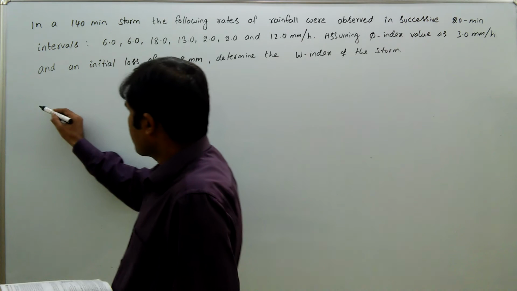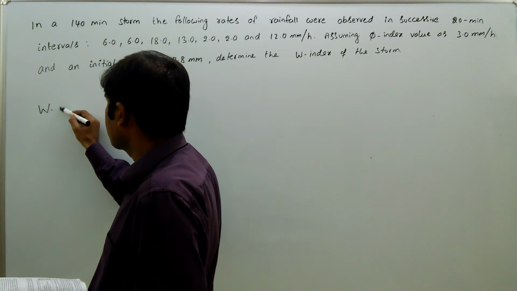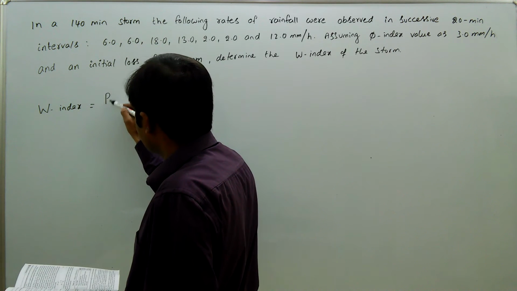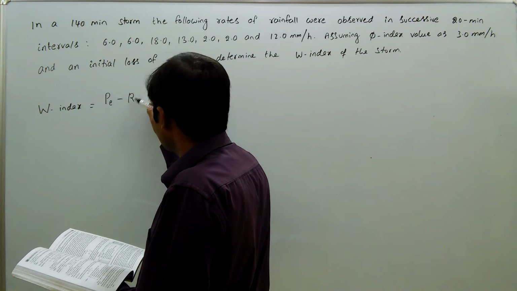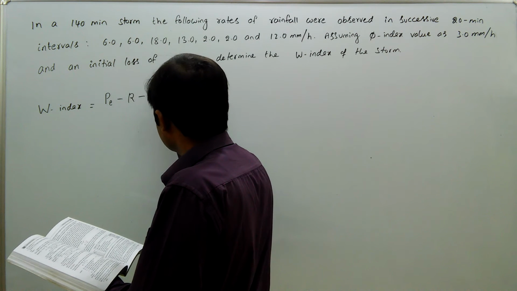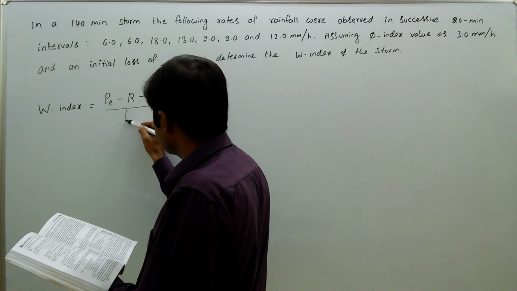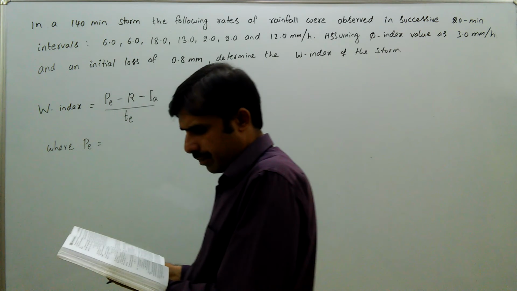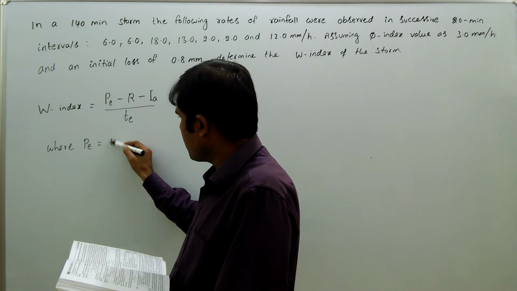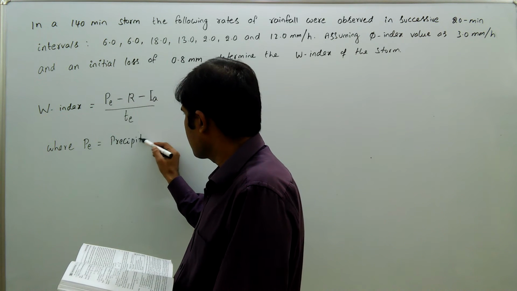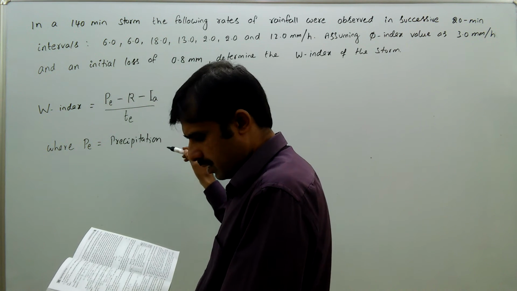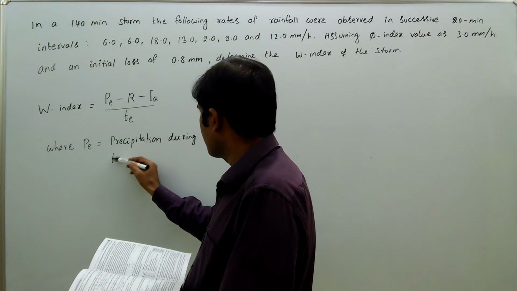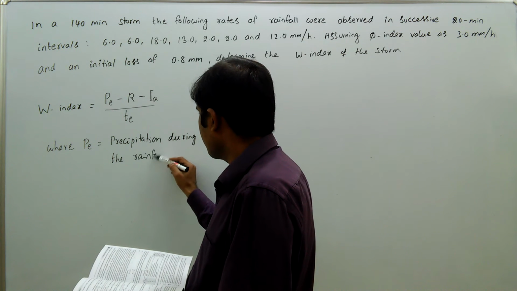First we should know the formula for W index. W index equal to PE minus R minus initial loss, divided by rainfall excess duration, where PE equal to precipitation during the rainfall excess.